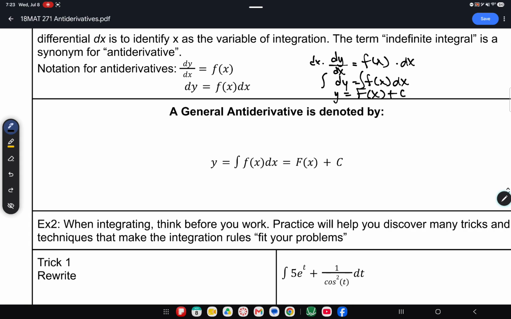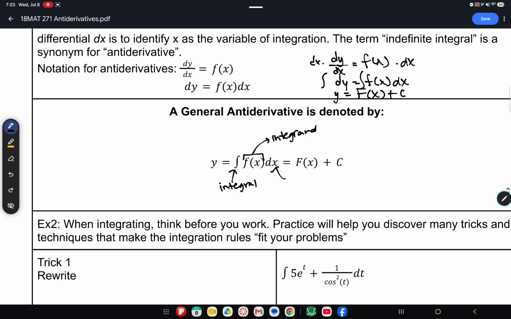So here's just the general antiderivative, with that notation here. That's the integral symbol. The f of x part is what we're integrating, so it's called the integrand.